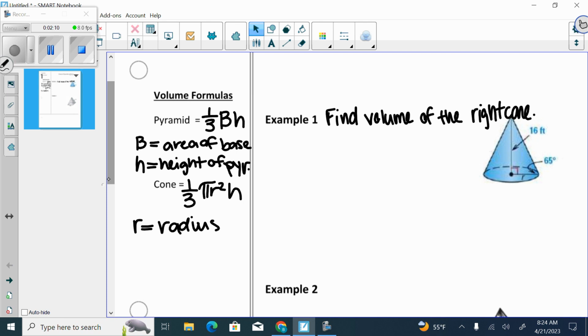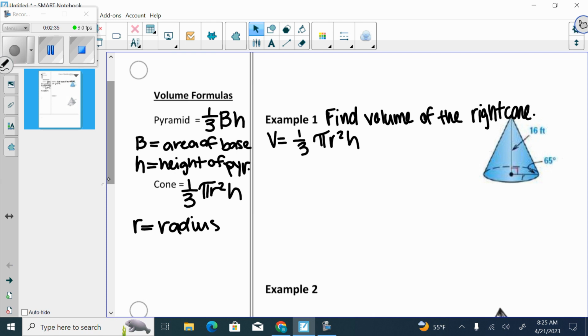All right, so we just wrote down our formula for volume. Volume, we just said, was 1/3 pi r squared times height. Okay, so we need an R and we need an H. Were we given both of those things? No, which one do we not have a value for?